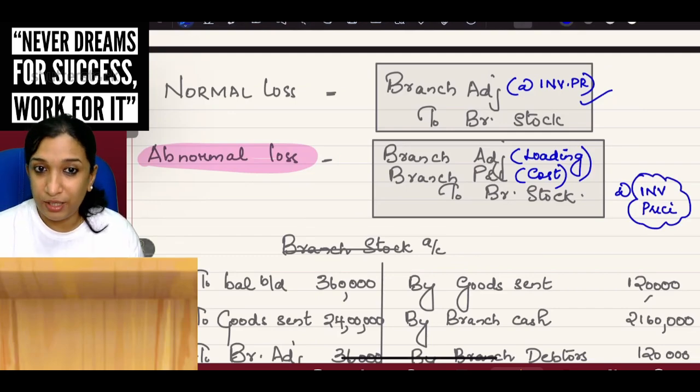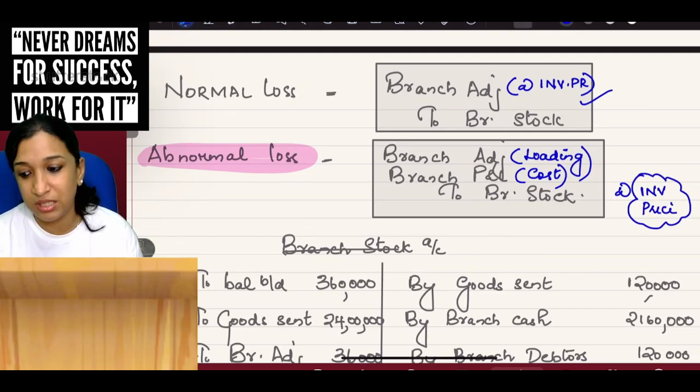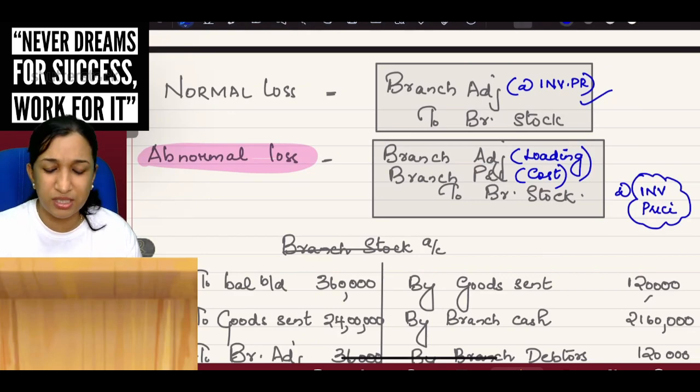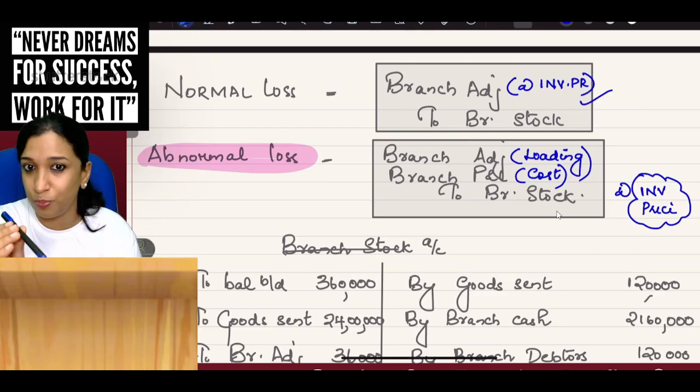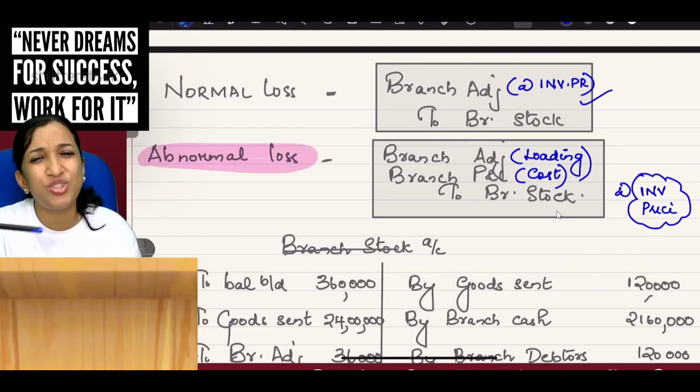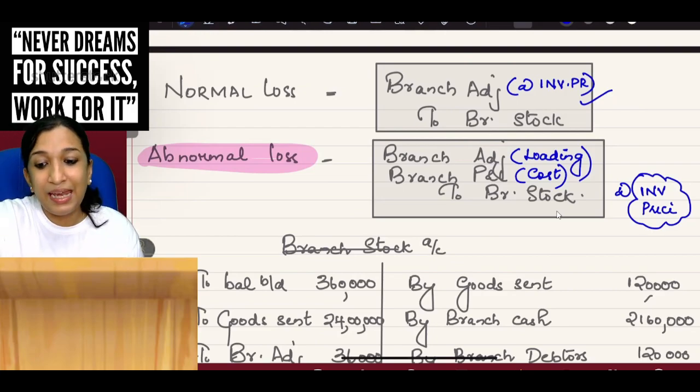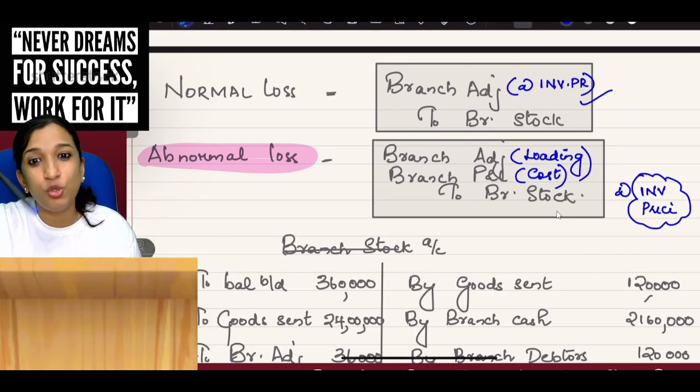Why branch P&L at cost? See, if I manufacture this pen and the cost of this pen is 8 rupees and I'm planning to sell it at 15 rupees, and I lost this pen.